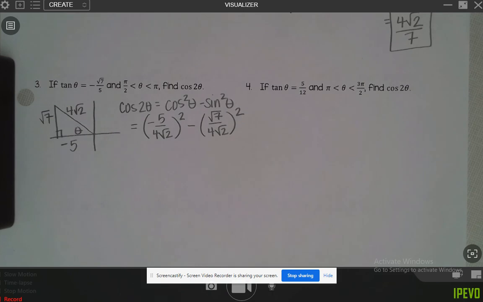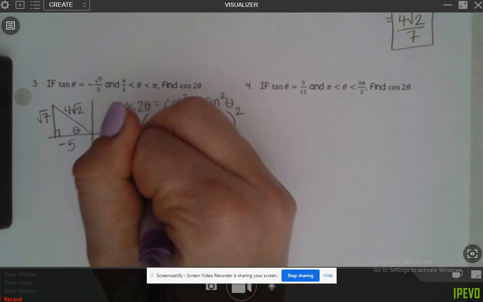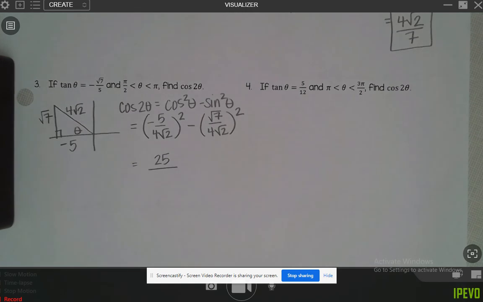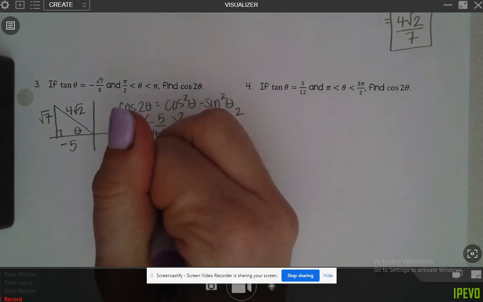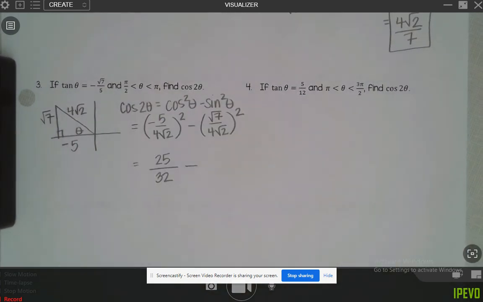Square your first fraction. So this becomes 25 divided by what? Yeah, square the 4. 4 squared is 16. Radical 2 squared is 2, so this becomes 32. Minus, square the second term.